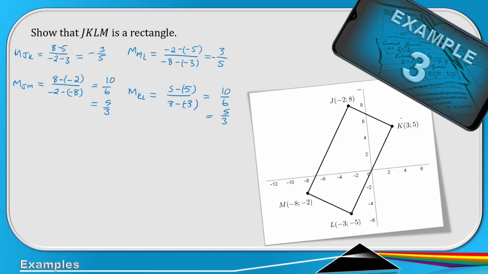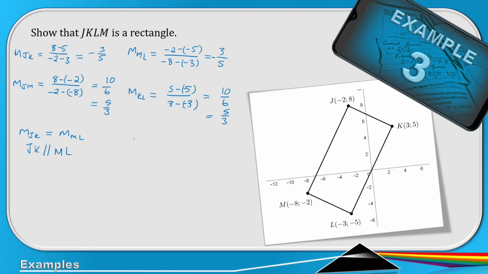So we can start off and say, okay, you can see that the gradient of JK is equal to the gradient of ML. So this means that JK is parallel to ML.